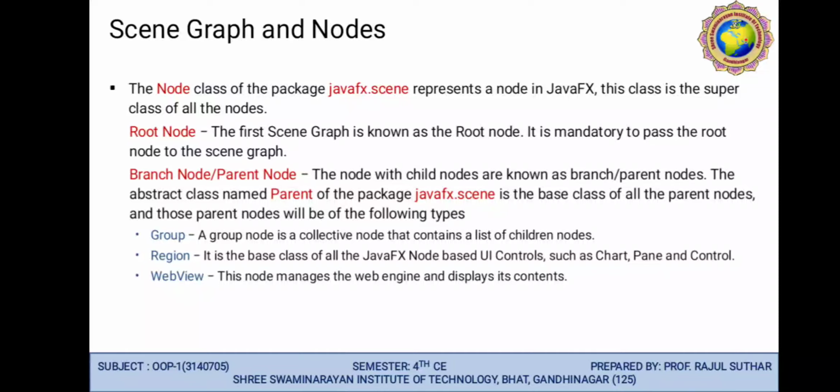Group node is a collection that contains a list of child nodes. Region is the base class of all the JavaFX node-based UI controls such as chart, pane and control. And last, web view. This node manages the web engine and displays its content.